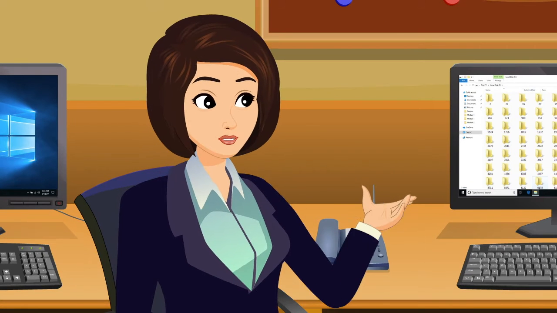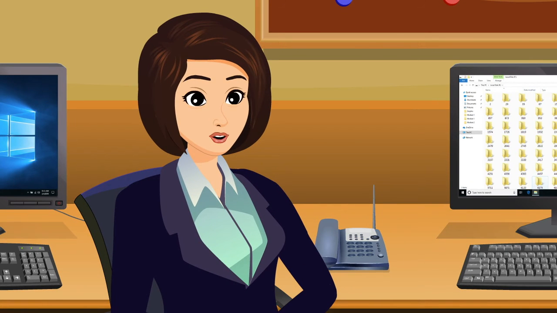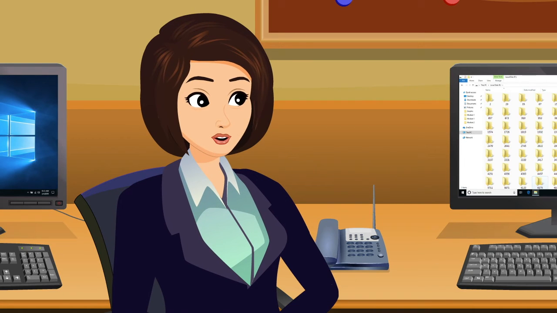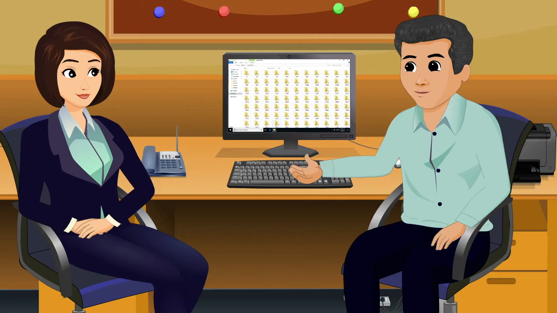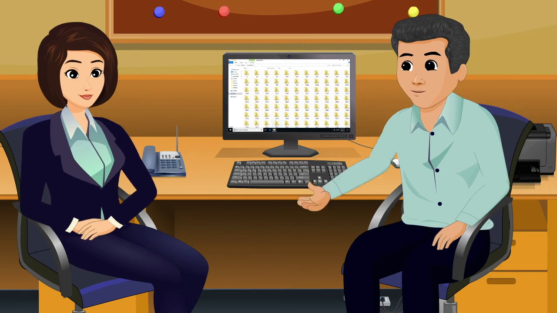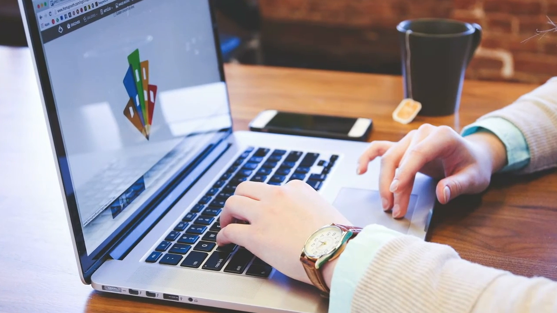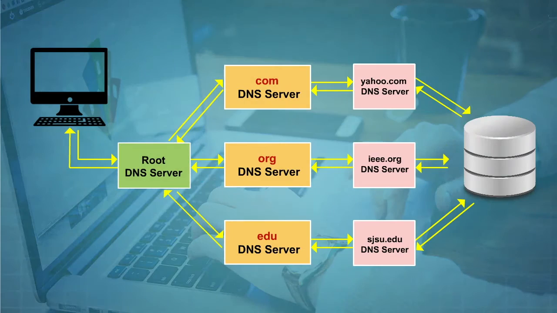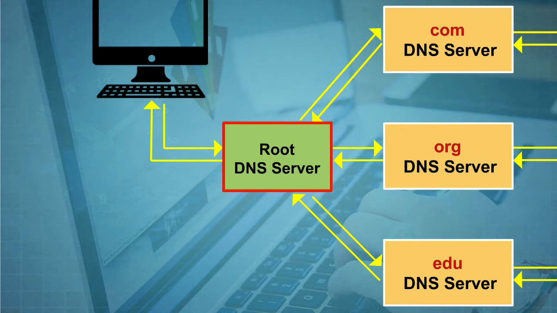Quite interestingly, Rajesh, you always got to remember what the precautions are before clicking on a link on the internet. What precautions, Nandita ma'am? Once you have typed the website address or clicked a link, your computer queries the DNS system, starting with the root.